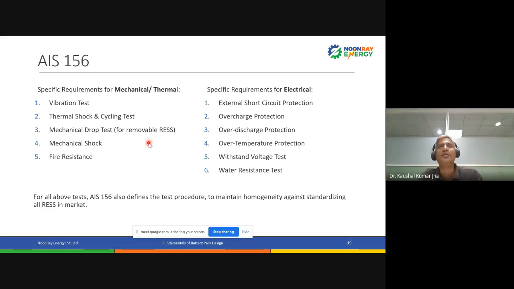In other words, we say homologation. So we homogenize all the types of battery to a certain standard, a particular number of cycles, a particular number of kilometers, a particular capacity.